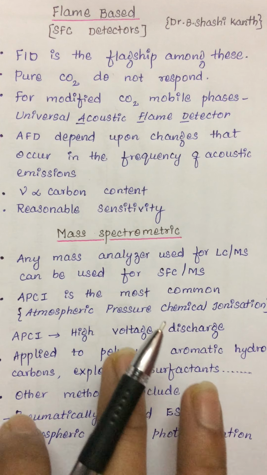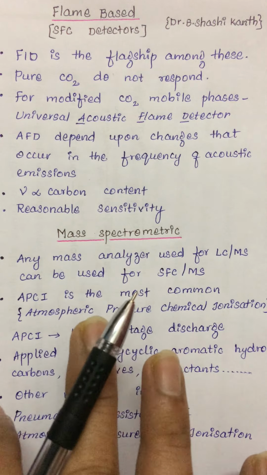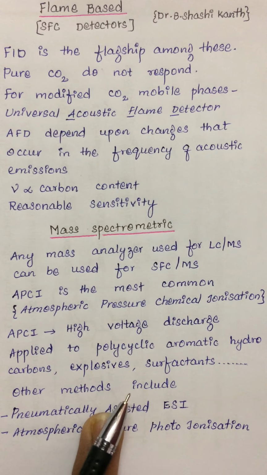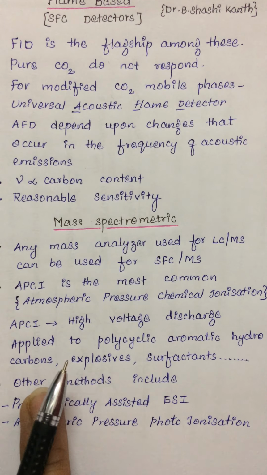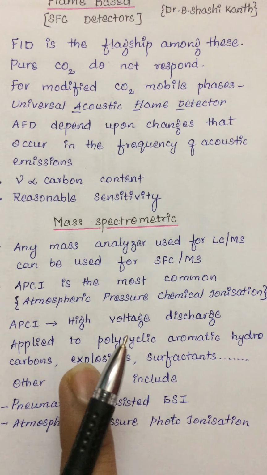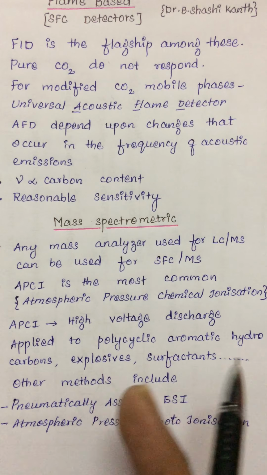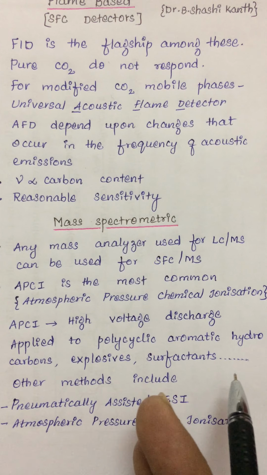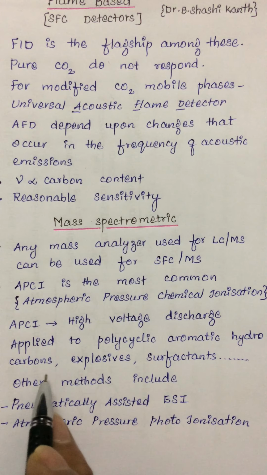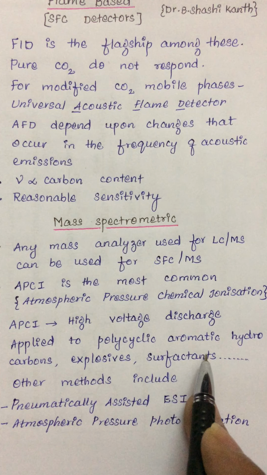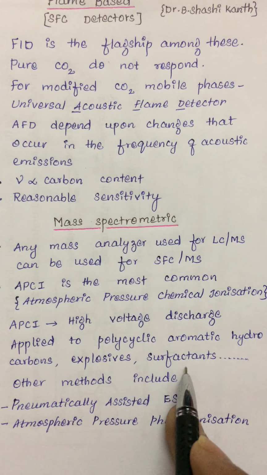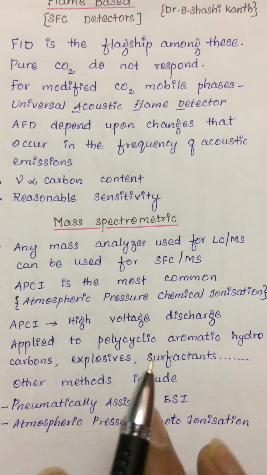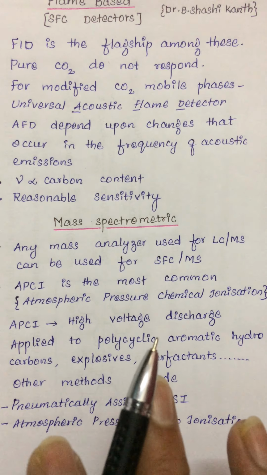We are not going to discuss the details of the chemical ionization techniques here, because this is only about the detectors. The APCI technique has been widely used for supercritical fluid mass spectrometry, including applications to polycyclic aromatic hydrocarbons, explosives, surfactants, petroleum products, and there are huge applications in the field of pharmaceuticals.